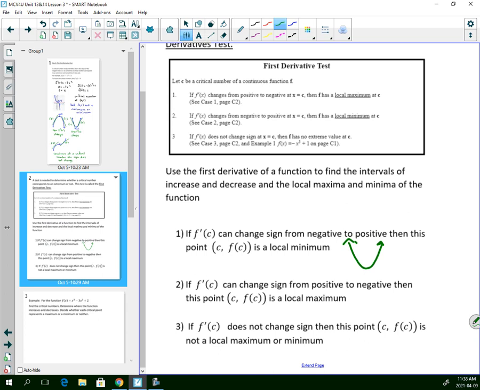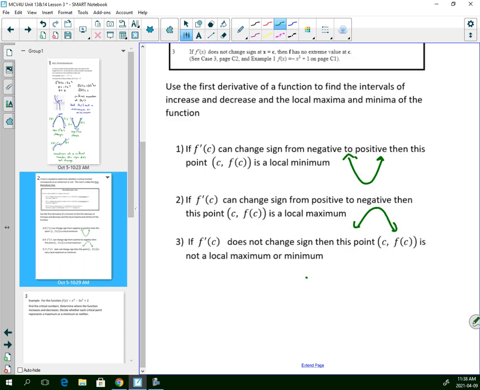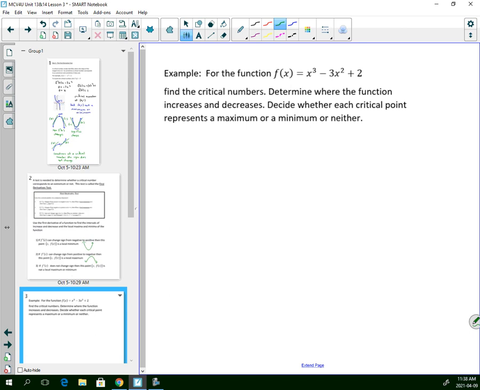So this one is from a negative to a positive. So if the slope of the tangent changes from a negative to a positive, it will be a local minimum. If it changes from a positive to a negative, it will be a local maximum. And if it does not change, it is not a local maximum or minimum. And so this first derivative test allows us to determine whether critical numbers are maximum or minimum values or not.